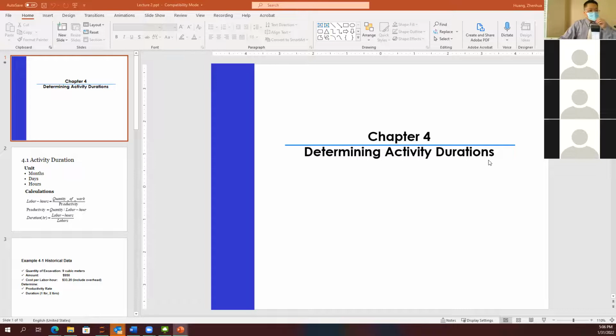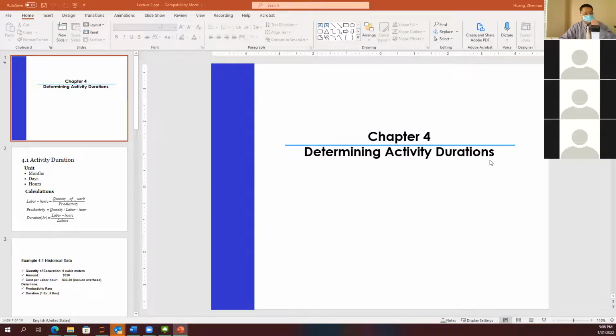In the last example I showed you, we did the calculation where the duration for each activity is given. See, those durations are 1 day, 4 days. How did we get that number? How did we fill in that number in the network model?